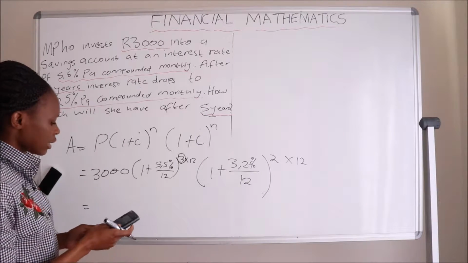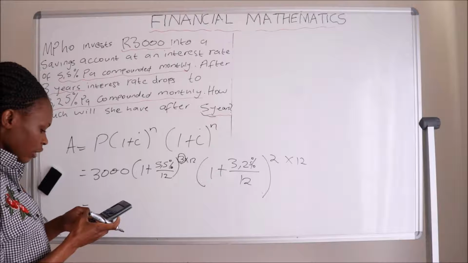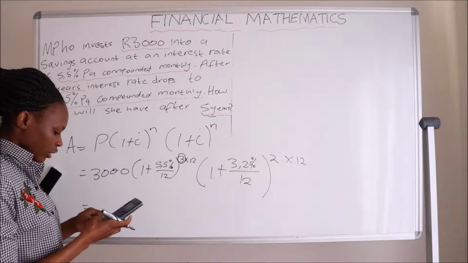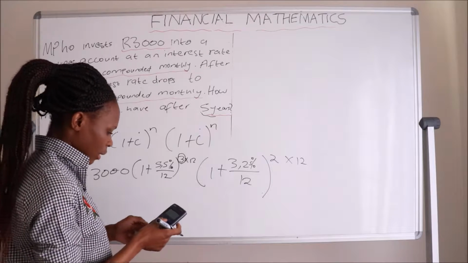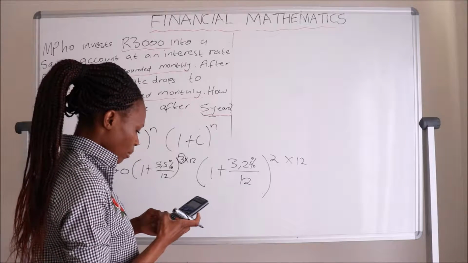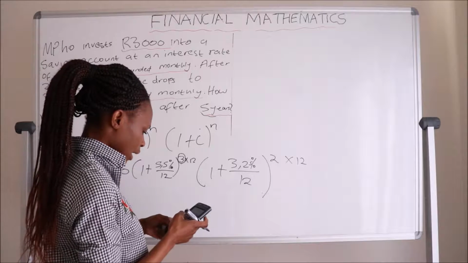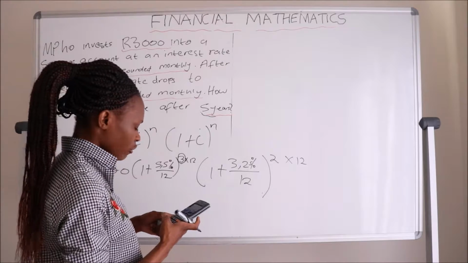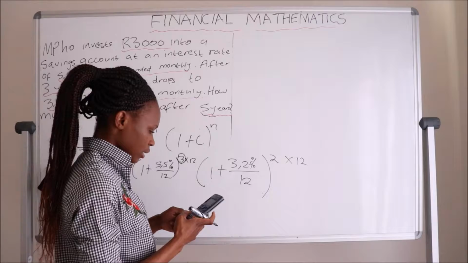So it's 3,000 into 1 plus 5.5% divided by 12 to the exponent of 3 multiplied by 12, which is 36, guys. And then also multiply again with 1 plus 3.25% divided by 12 to the exponent of 2 multiplied by 12, which is 24.